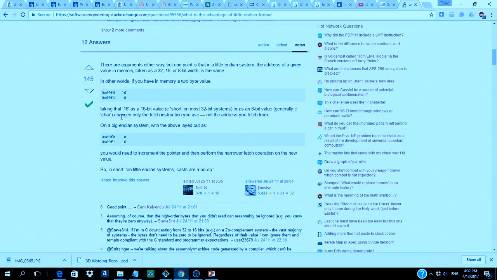C changes only the fetch instruction you use, not the address you fetch from. A big endian system with a byte layout like this, the big end has to go first, right? You would need to increment the pointer and then perform the narrow fetch operation on the new value. On a little endian system, casts are a no-op.